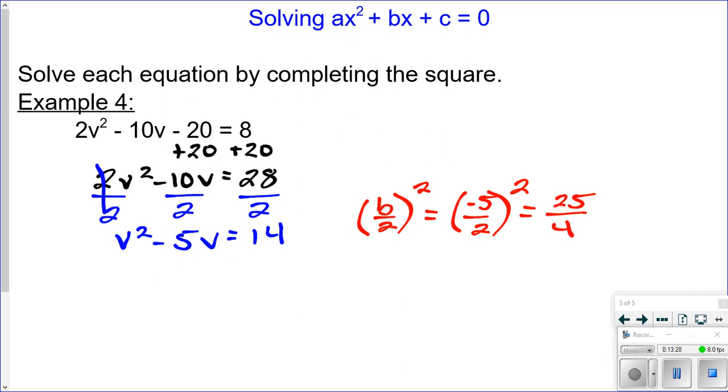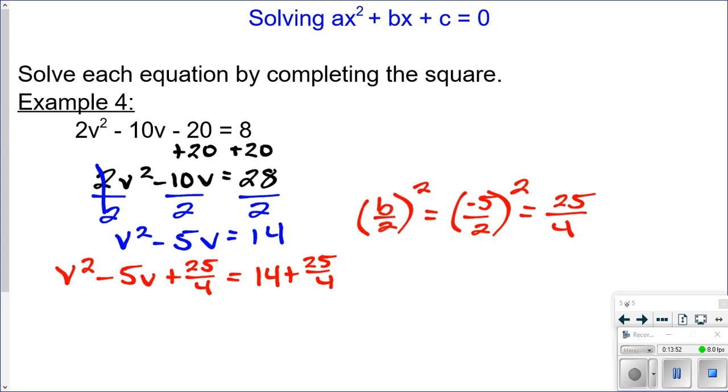So again, a fraction, but that's okay. Don't freak out about the fractions. So then I have v squared minus 5v. So again, I'm going to add this to both sides. Plus 25/4 equals 14 plus 25/4.